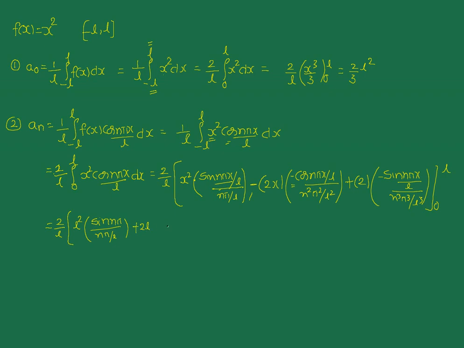Therefore plus 2L into cos n pi x by L, so n pi L by L means you will get cos n pi by n square pi square by L square. So next one plus 2 into minus, so you left with minus 2 into sin n pi L by L, that means sin n pi by n cube pi cube by L cube. So this is about the upper limit.